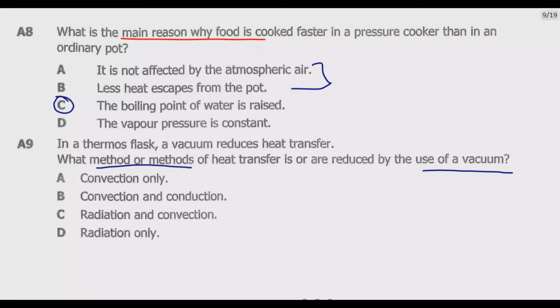In a vacuum, there are no particles to facilitate this transfer effectively, thus eliminating these two methods of transfer. So B is the correct answer. Then also, just to take note, radiation on the other hand can still occur in a vacuum as it involves the emission of electromagnetic waves which do not require a medium.